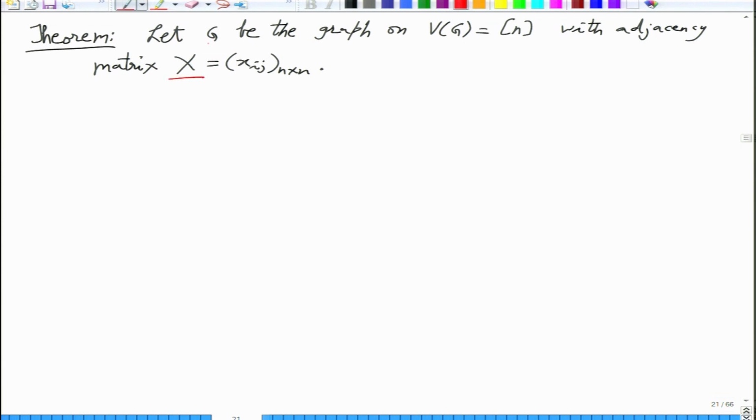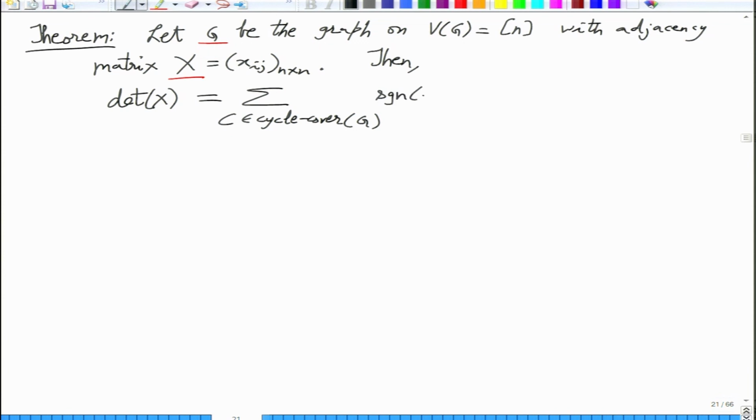So that's the adjacency matrix, and this is the underlying graph. Then what is the determinant of x? The determinant of x equals, go over all the cycle covers of G, and for each cycle cover take the sign and the weight and sum it up. That will be the determinant.